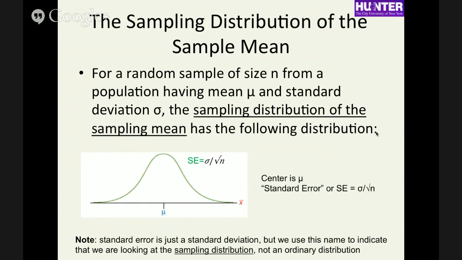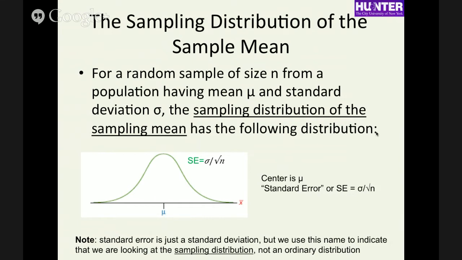And just as a reminder on the bottom here, the standard error is just the standard deviation of the sampling distribution. So it gets this special name, the standard error, so that you don't confuse it with a regular standard deviation. Usually when you talk about standard deviation, you're talking about the variability in heights, weights, running times, ages.